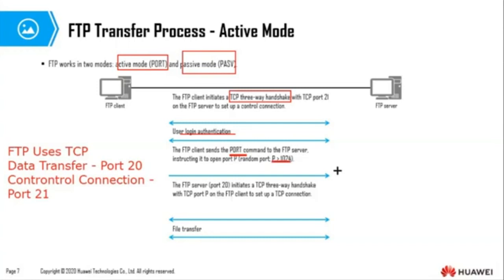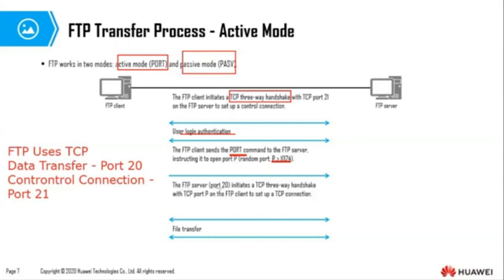I told you about the random ports in the previous chapter, the TCP random ports. They're normally greater than 1024. So after telling it to open that, what happens next?